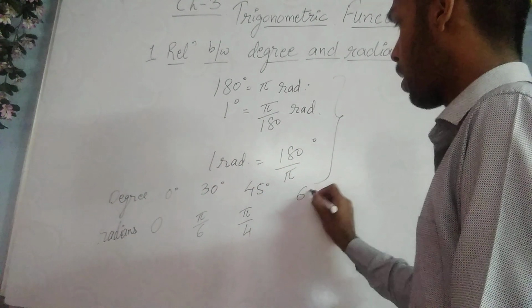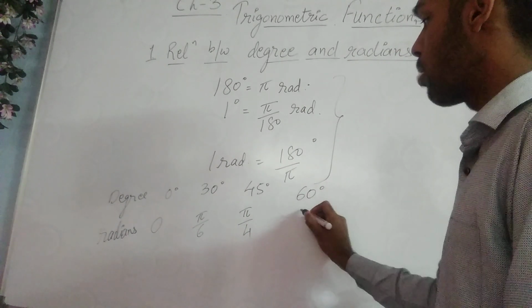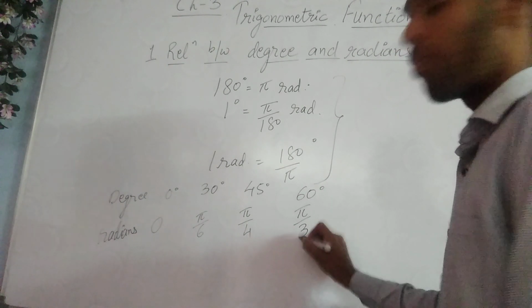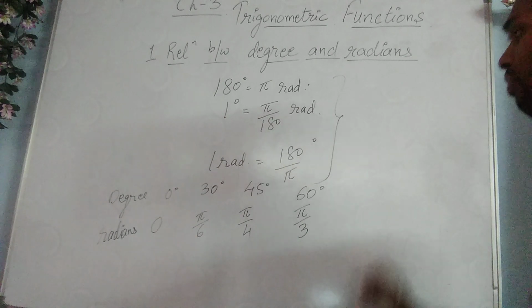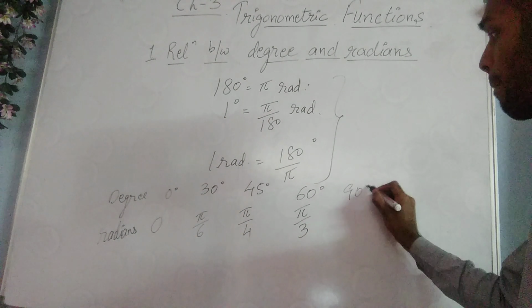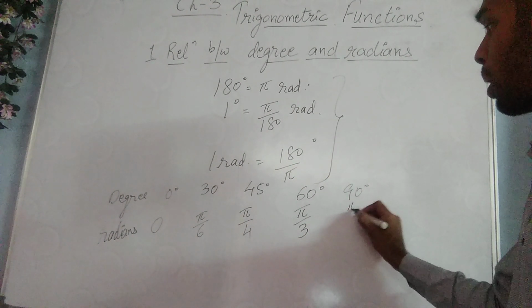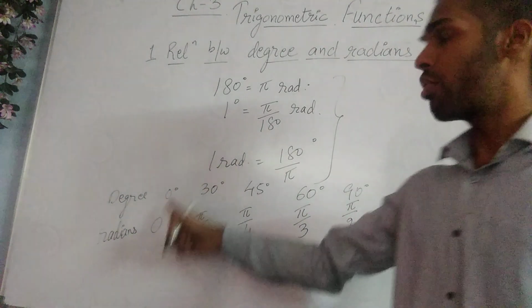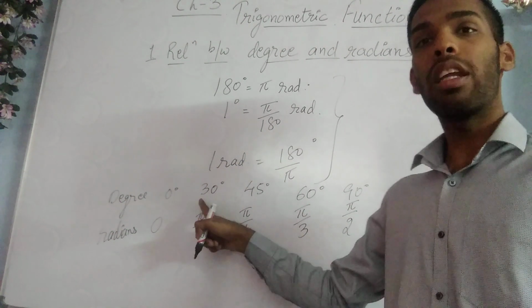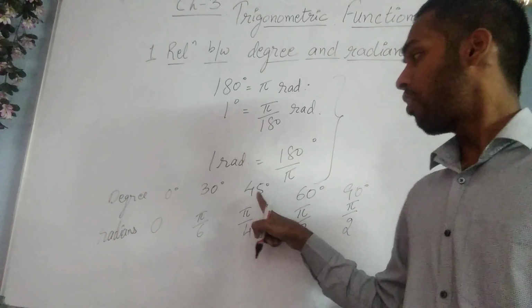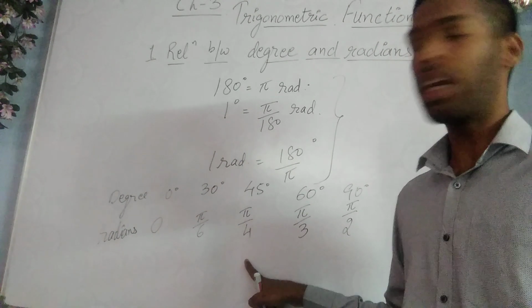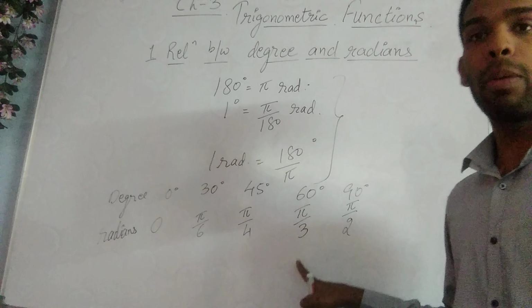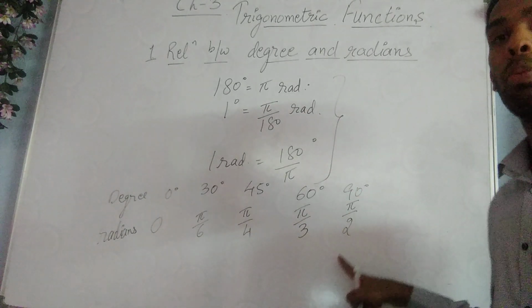Fourthly, 60 degrees equals pi by 3 radians. After that, 90 degrees equals, students, pi by 2 radians. So 0 degrees equals 0 radians, 30 degrees equals pi by 6 radians, 45 degrees equals pi by 4 radians, 60 degrees equals pi by 3 radians, and 90 degrees equals pi by 2 radians.